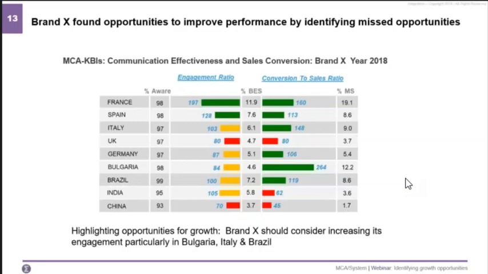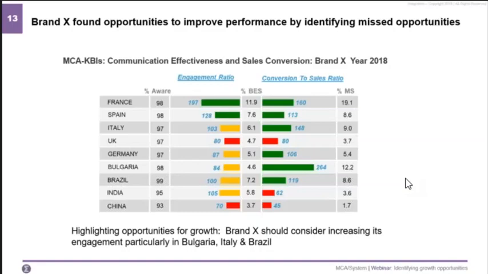What it showed was that there were some markets where they were not taking the opportunity effectively. So if you look at markets like Bulgaria and Italy and Brazil, you see that those are countries where they have a very strong sales conversion ratio.